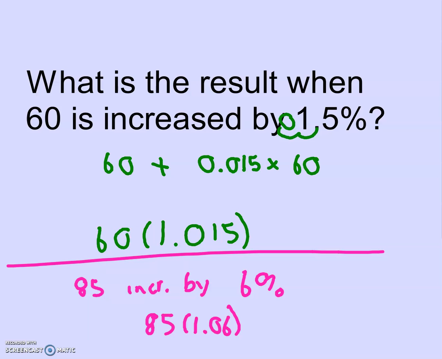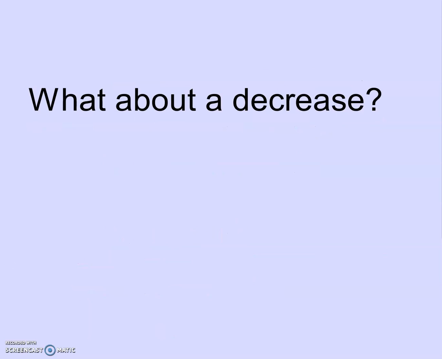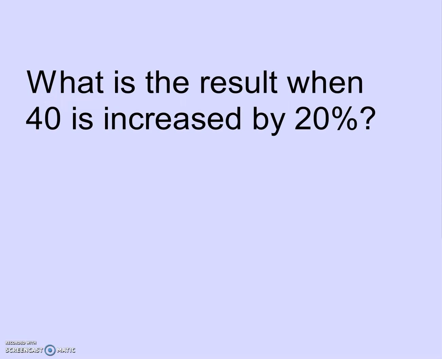Now I'm going to try to blow your mind a little bit. What happens if it's a decrease? I've got the same problems written right here, except I'm going to change this to a decrease. Before, when it was an increase, didn't I do this?